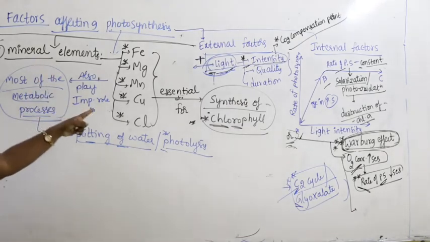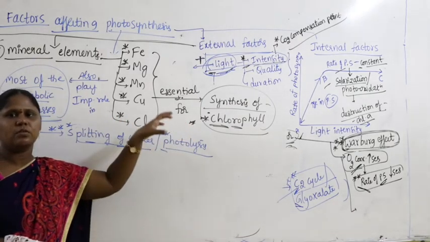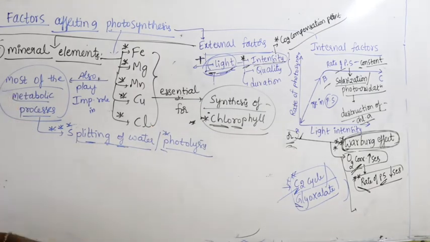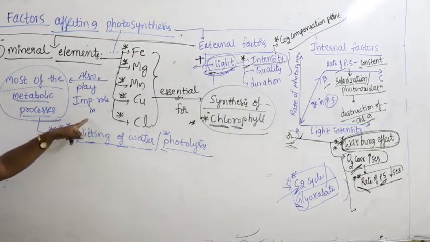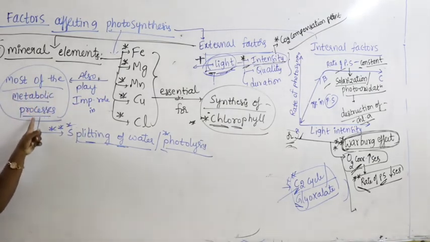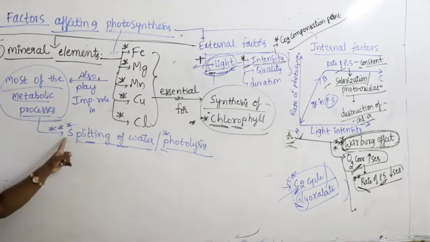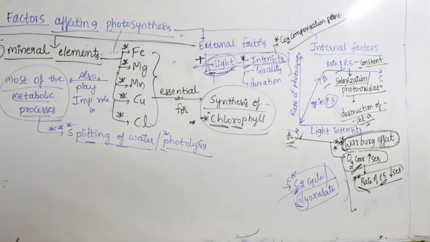If these mineral elements are there, chlorophyll gets synthesized in good and proper amount, then photosynthesis can undergo, and at the same time they play a very important role in most of the metabolic processes of photosynthesis, like splitting of water or photolysis.